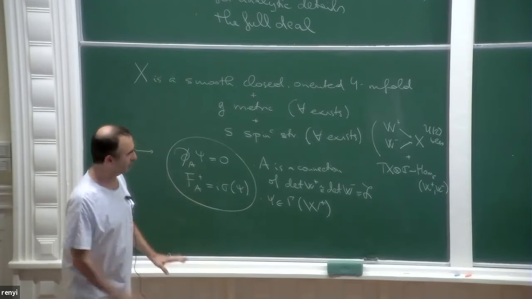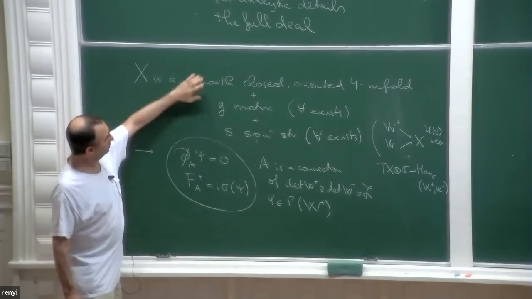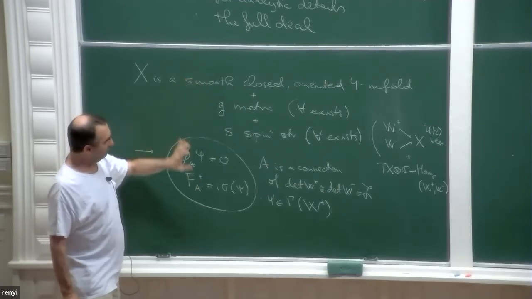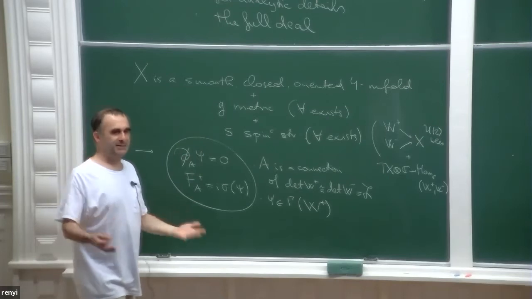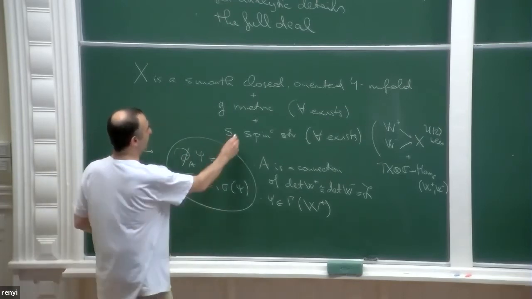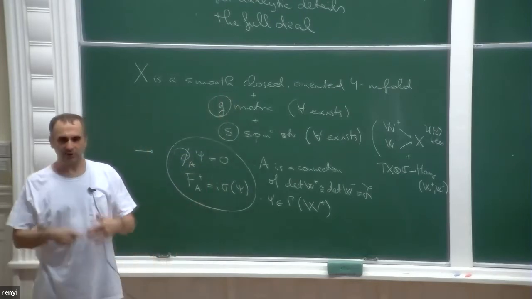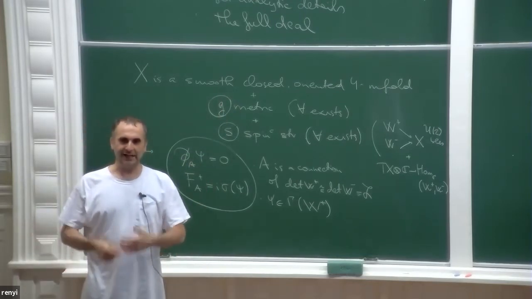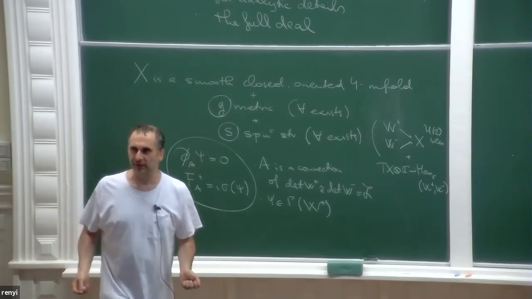I will not go into the details, but our motivation was to capture an invariant of the smooth structure by writing down a differential equation which is given by some convenient data. And here the data are the spin C structure and the metric. And our goal was to count how many solutions we have.